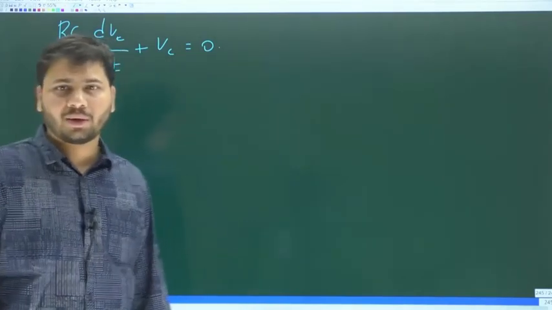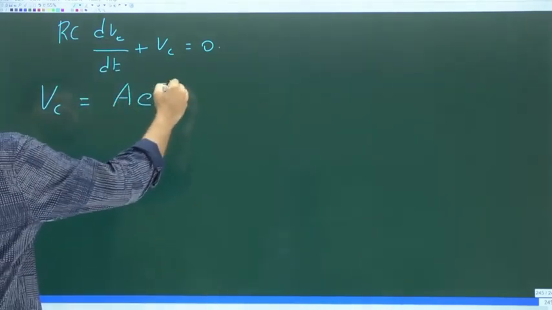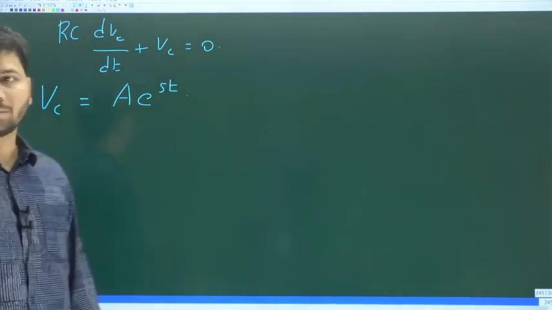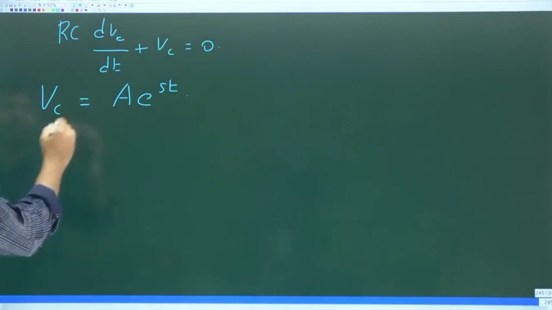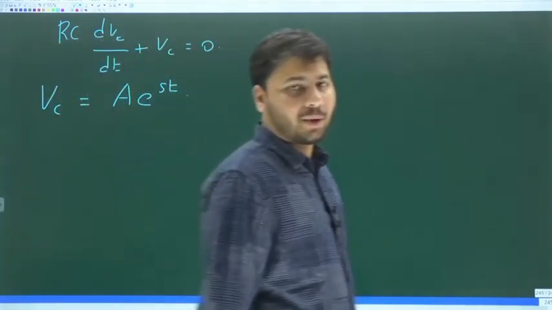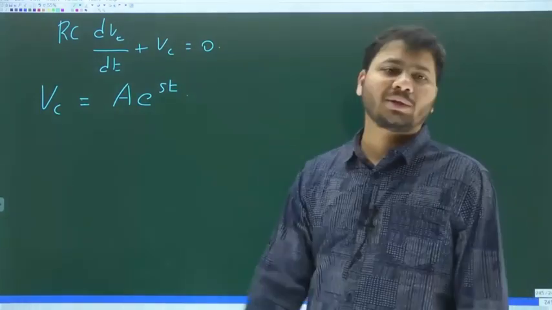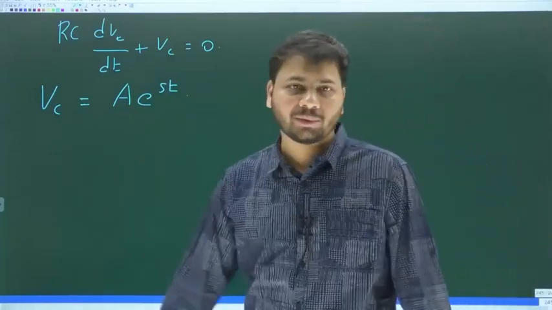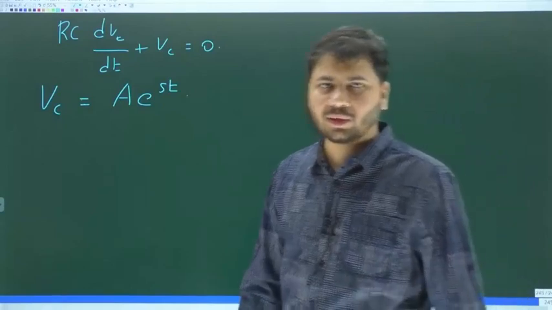So let's assume Vc is some A times e power st. This A times e power st is the solution that we are assuming for this differential equation.